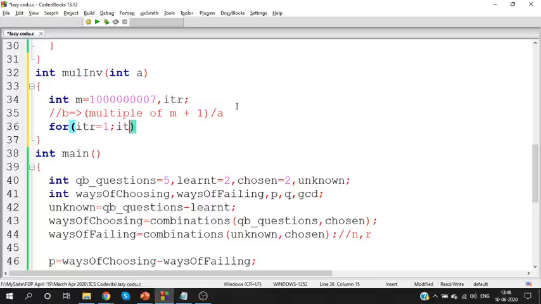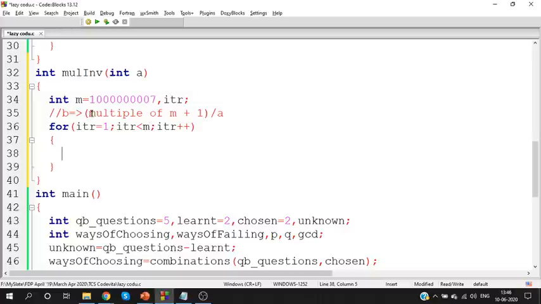Start from the first multiple. Proceed till less than m, not till m. Starting from the first multiple, what should you check here? You shouldn't take the multiple itself. You should take multiple plus 1. So, itr into m plus 1. This multiple plus 1, if it is divisible by a.